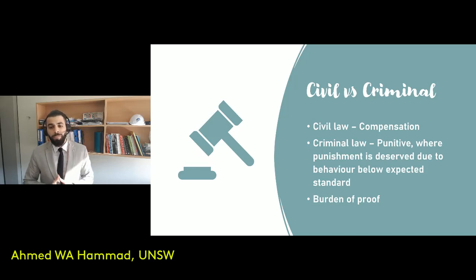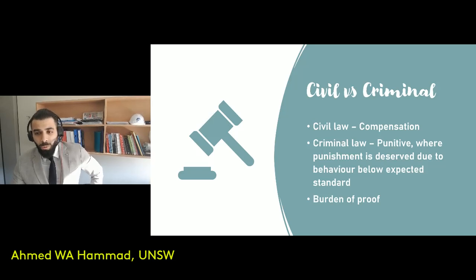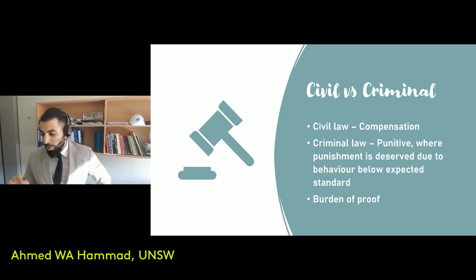Now, the difference between these two classifications, civil and criminal law, is evident when we look at the burden of proof. So, in civil law cases, the burden of proof lies on the plaintiff, so the person that initiates the legal proceeding, or the person that starts the legal case.